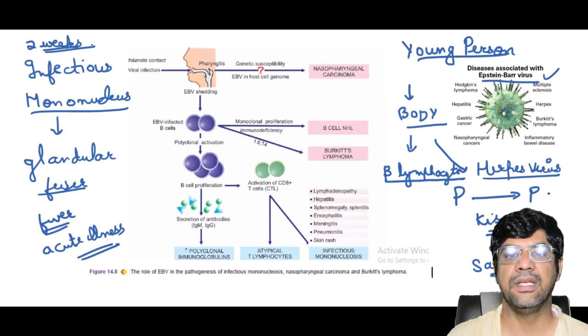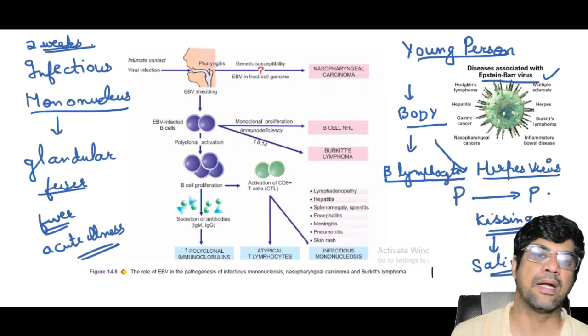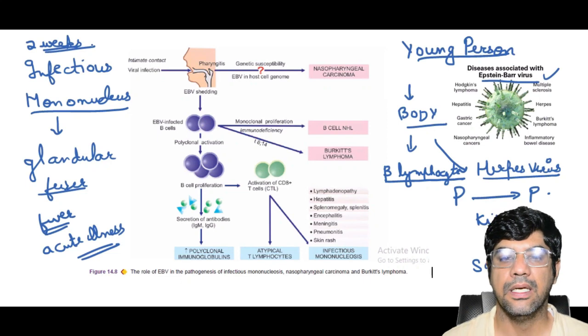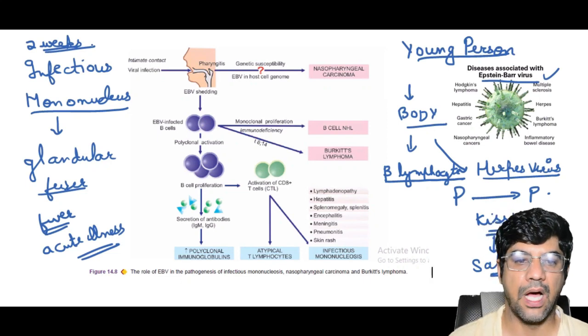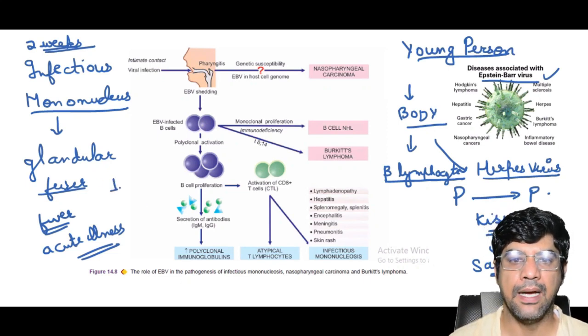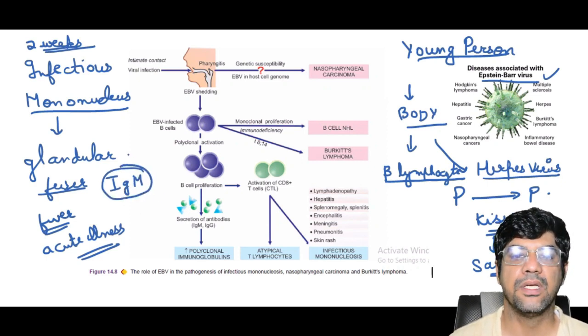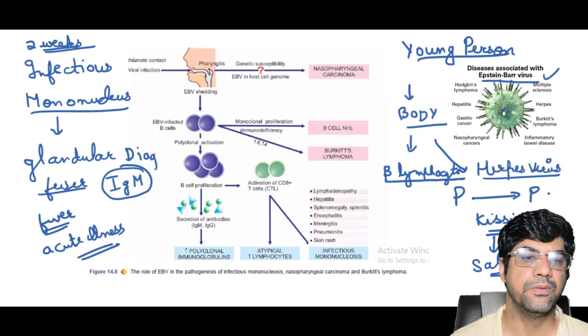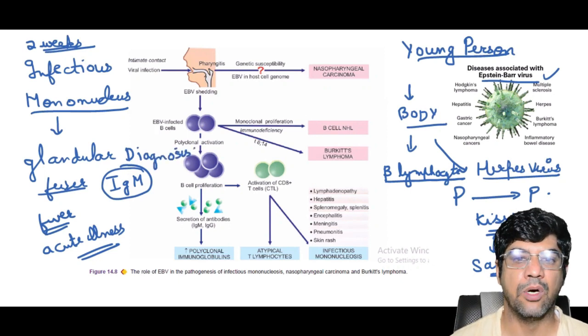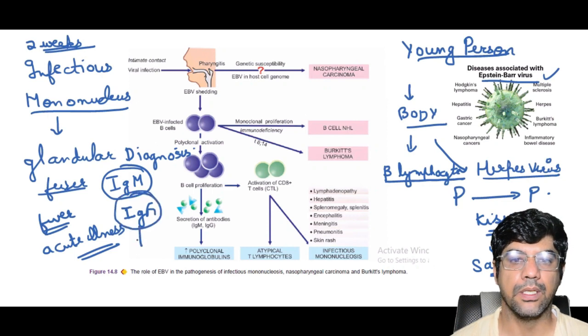These infected B cells become active and multiply. Initially, they produce IgM antibodies that are used for diagnosis, and later they produce IgG antibodies that provide lifetime immunity.